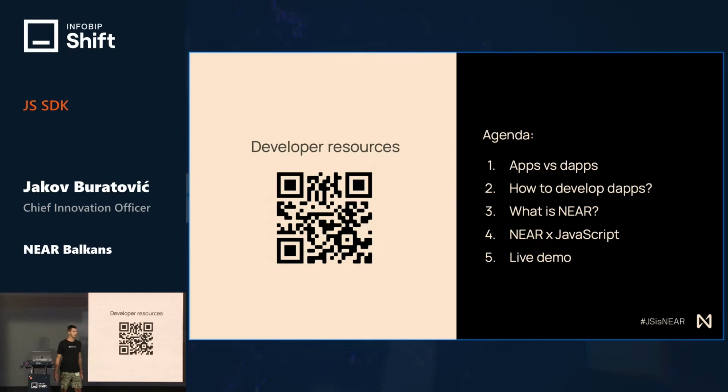A bit of intro to NEAR: why it is different, and what it provides to users and developers. The main point of this presentation is the cross-section between NEAR and JavaScript. And in the end, we're going to have a short live demo, because tomorrow we'll have a big workshop by my colleague, Andrei, so he can dive deep into the code.